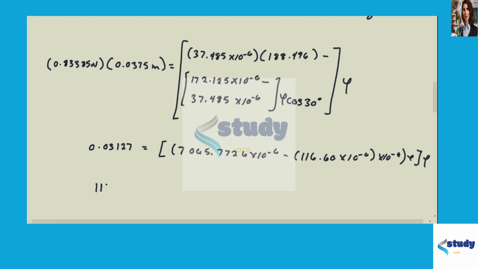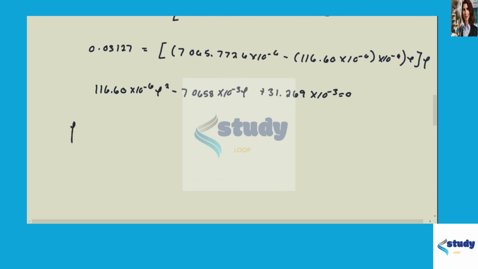So we have 116.60 times 10 to negative 6, phi squared, minus 7065.8 times 10 to negative 6, phi, plus 31.269 times 10 to negative 3 equals 0.